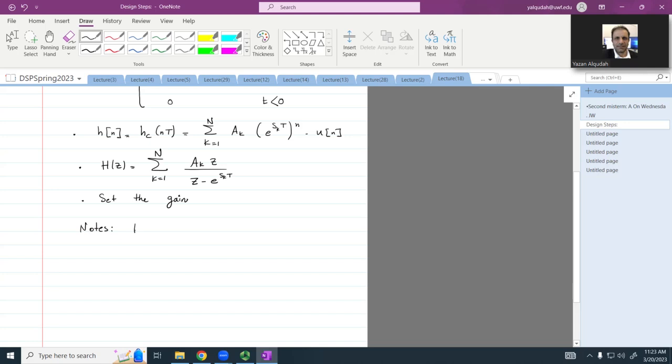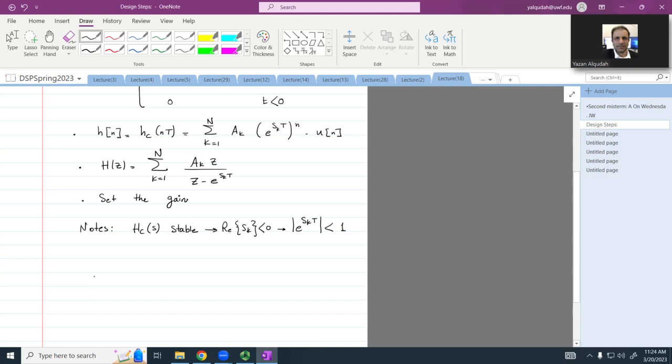If Hc of s is stable, that means the poles s_k are less than 0. They are in the left half plane. And that means the magnitude of e to the s_k multiplied by T is going to be less than 1.